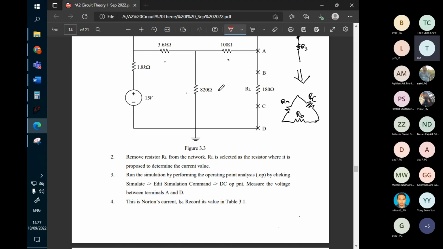we need to put in an additional component. Norton current: there's some step missing here. This statement is correct, but there's something missing in between. That is, we need to insert a dummy resistor.